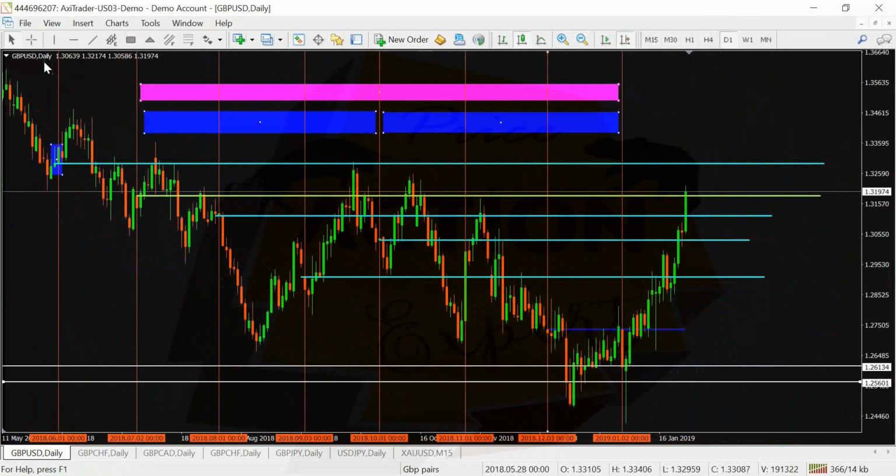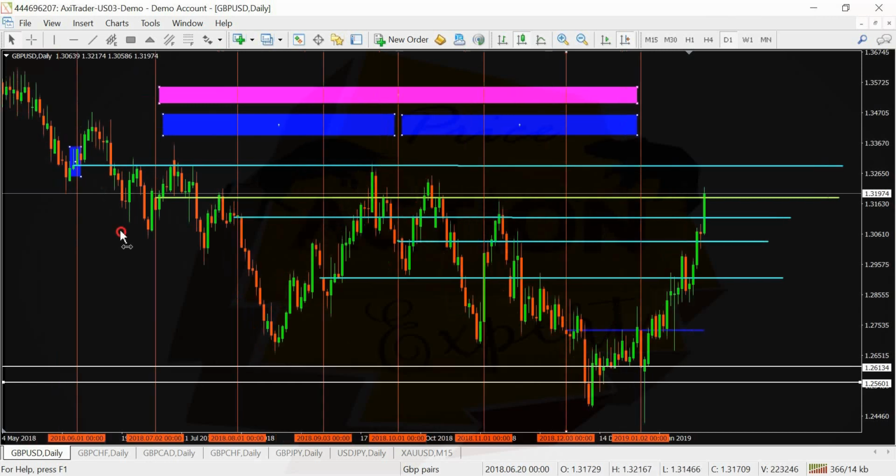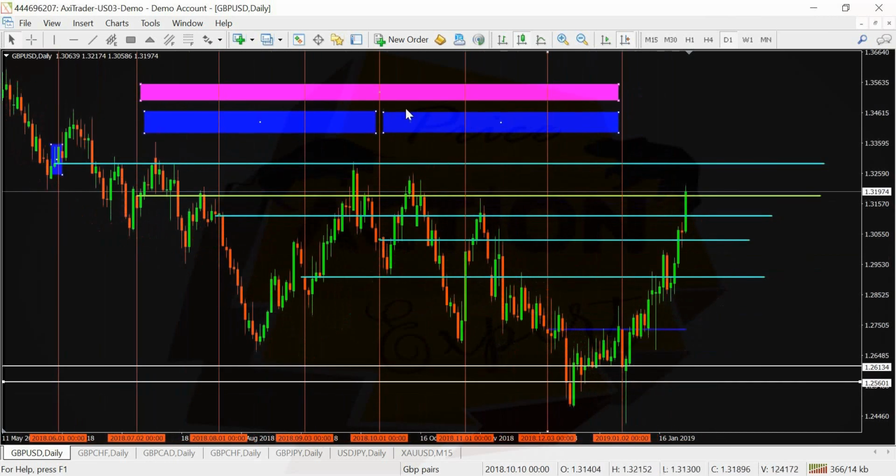See, I have taken GBP USD. You can take any major pair or any cross pair. In this, what I have done is, this big magenta color which I have marked is 2018, the second half of the year. 1, 2, 3, 4, 5, 6 months. I have split it. This is June, July, August, September, October, November, and this is December.